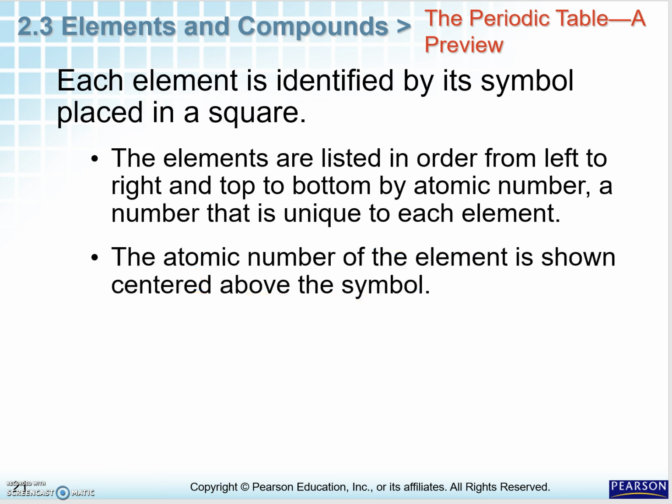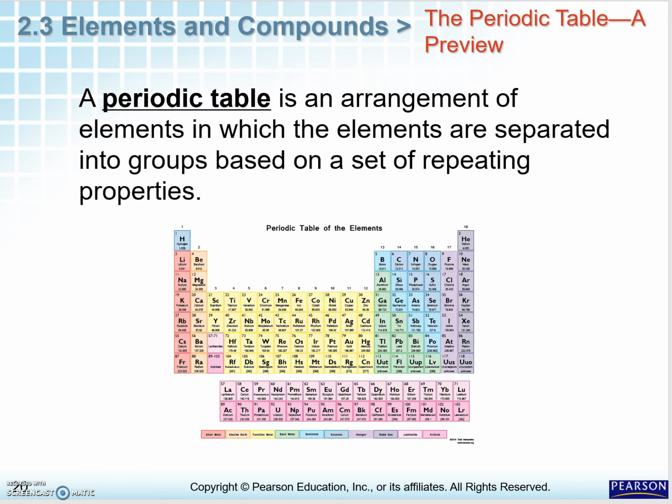So each element is identified by its symbol placed in the square. The elements are going to be listed from left to right based on atomic number. That's a good one to write down as a vocab word because the atomic number is unique to every element, and it is shown in the center above each one of these.